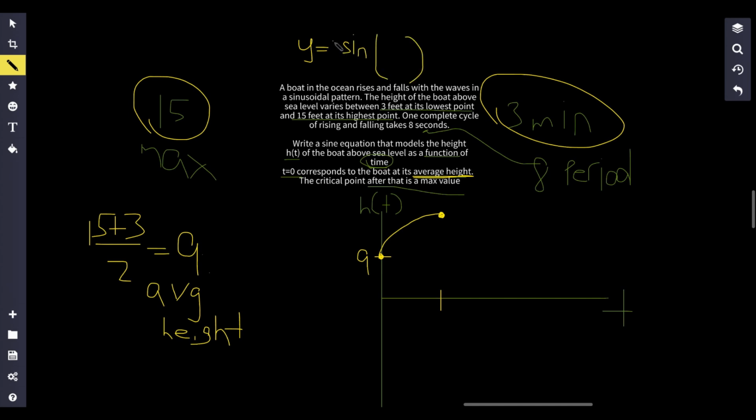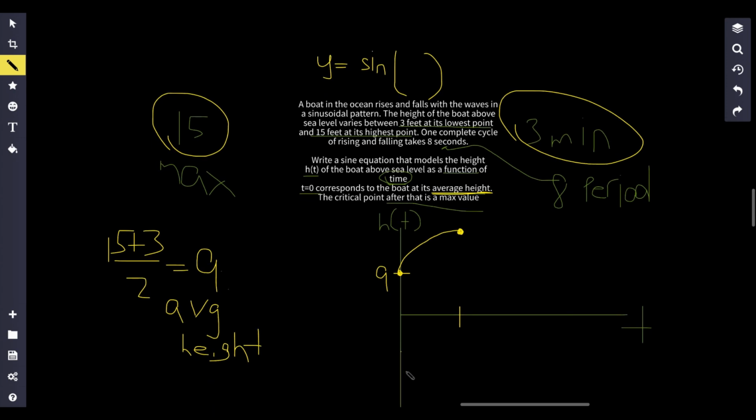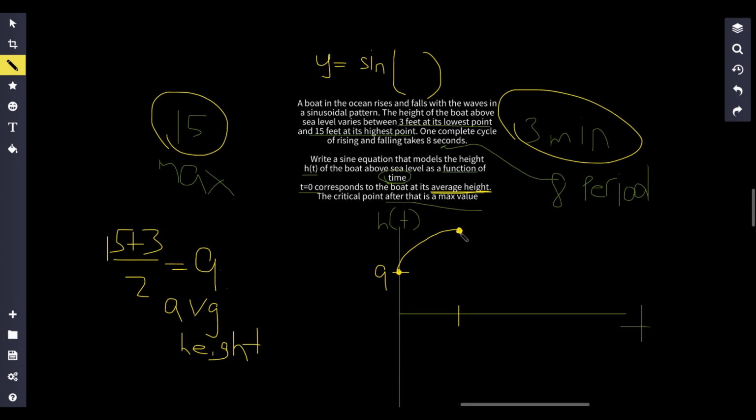We know it's going to be a positive sine function, because sine functions first go through the middle point, and then they go through the highest point. Take a look at what we have here: the middle point when it touches the y-axis, and then a highest point. We said the highest point is 15, so let me write that down. We also know that our minimum point is at 3, so let's also write that down.